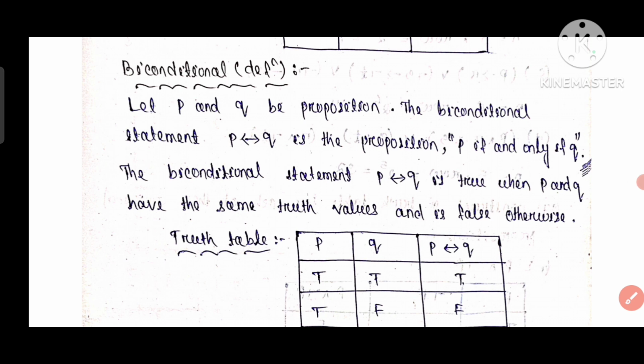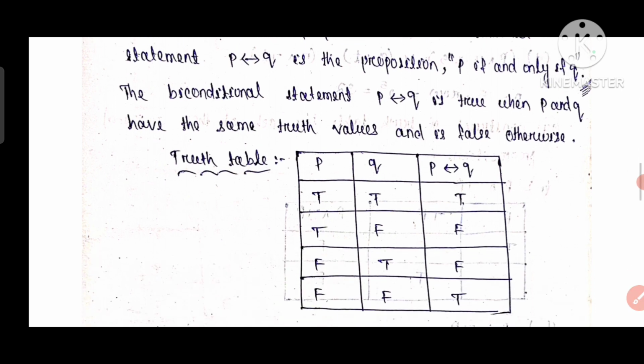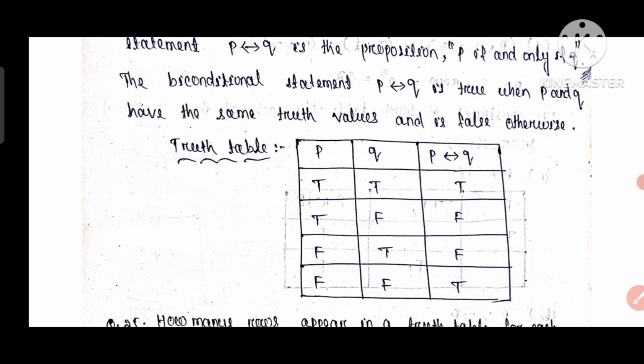The biconditional statement is true when P and Q have the same truth value and false otherwise. If P and Q are two propositions, and both are true or both are false, then the result will be true, otherwise it becomes false. This is our truth table.